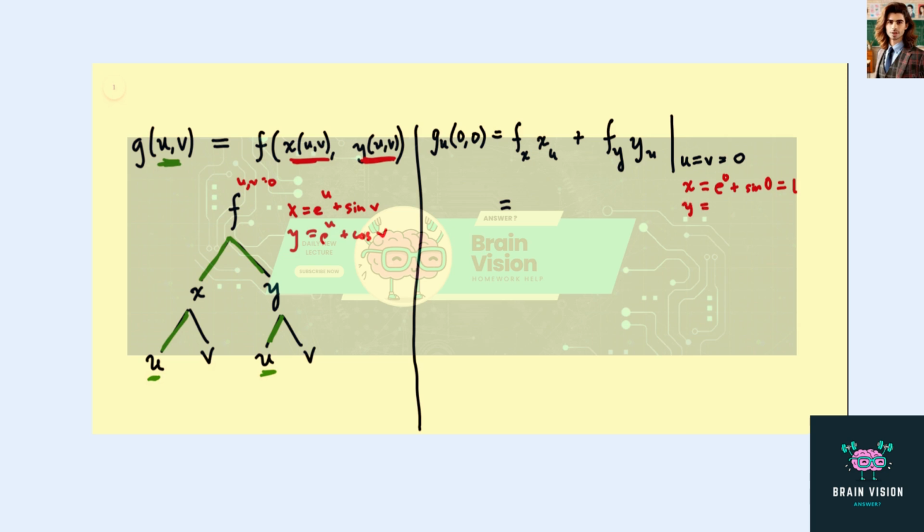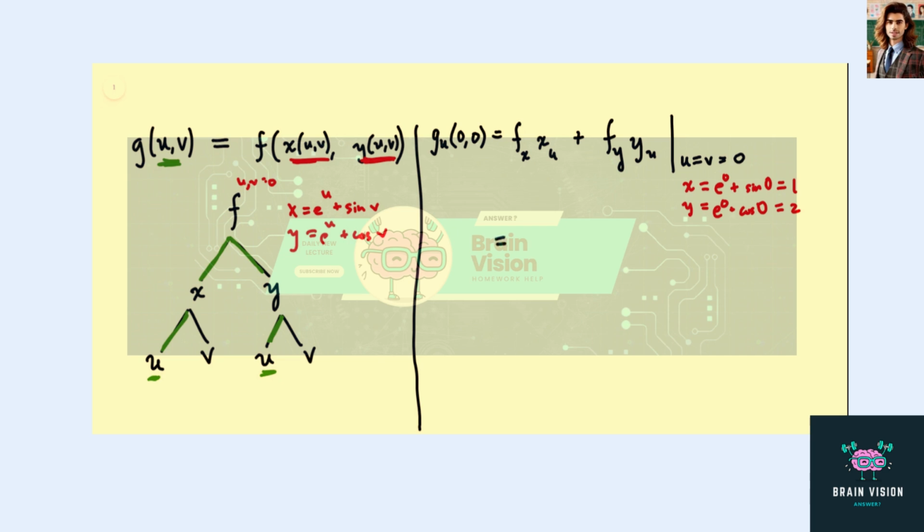And y equals e to the 0 plus cosine 0. e to the 0 is 1, cosine 0 is also 1, 1 plus 1 is 2. So x and y are 1 and 2. This makes sense looking at the table they gave us. It pretty much had to be that, but it's always good to check. So now we know exactly where to look in the table for each of these.